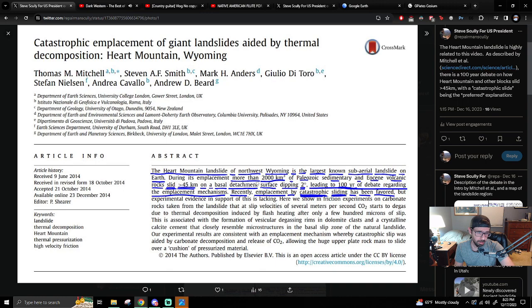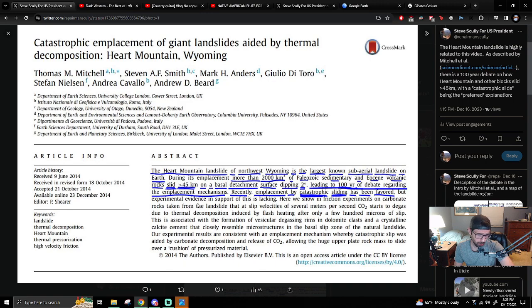During its emplacement, more than 2,000 cubic kilometers of Paleozoic sedimentary and Eocene volcanic rock slid greater than 45 kilometers on a basal detachment surface dipping 2 degrees, leading to 100 years of debate regarding the emplacement mechanisms. Recently, emplacement by catastrophic sliding has been favored.